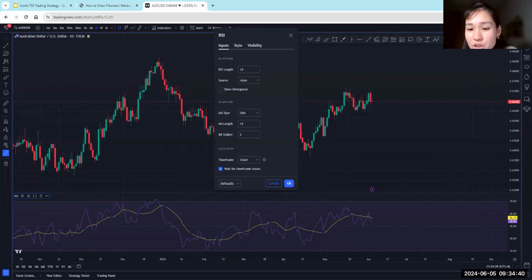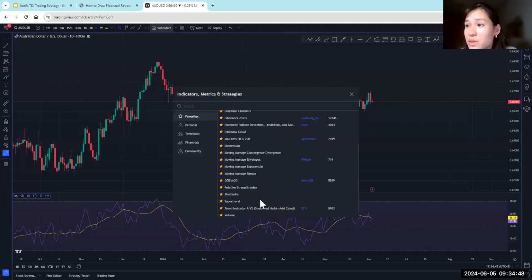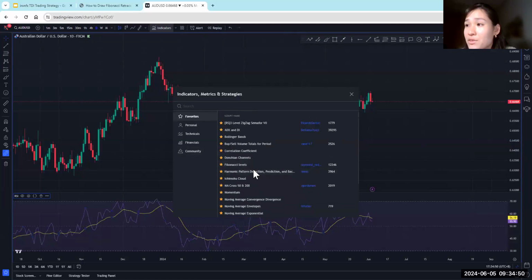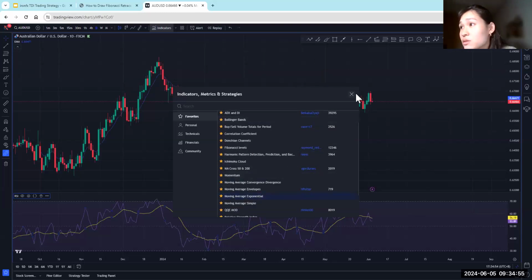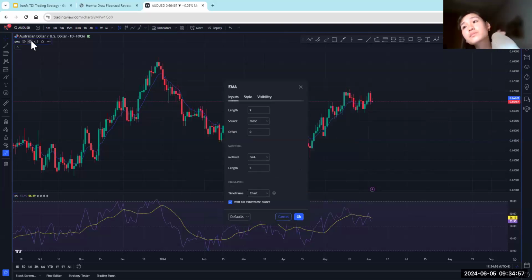Okay, for moving average, we normally use the 3-day EMA. So your length for EMA would be 3 days, exponential. Again, this depends on your time frame.